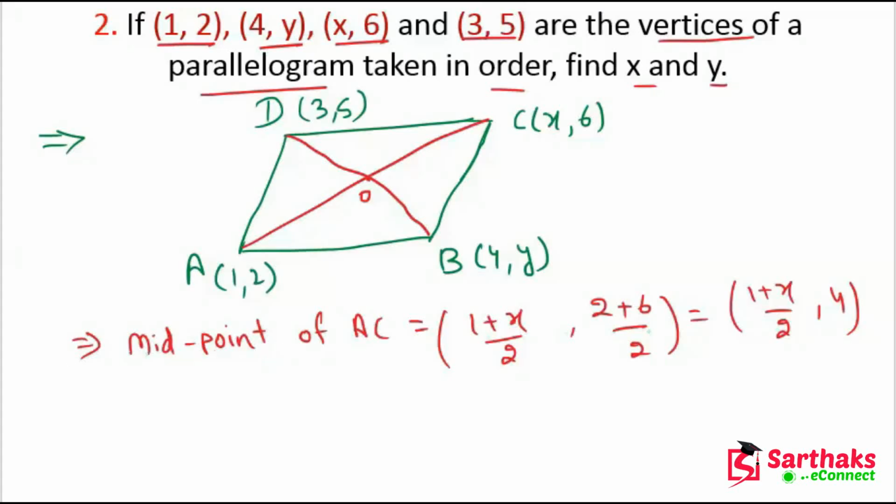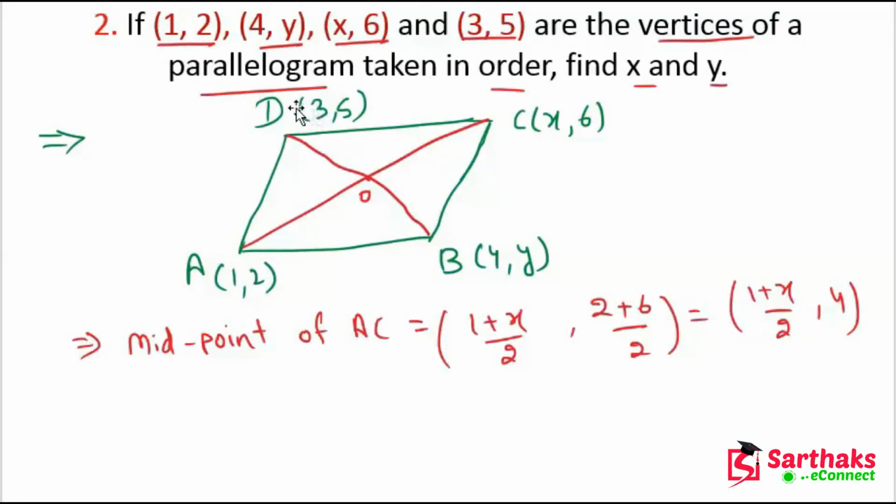Now we have to find the midpoint of BD. The midpoint of BD is equal to 3 plus 4 divided by 2, comma 5 plus y divided by 2.